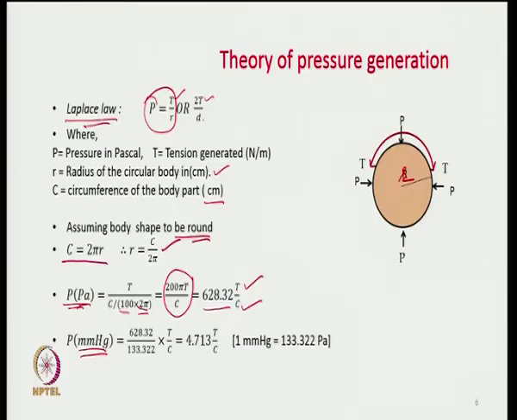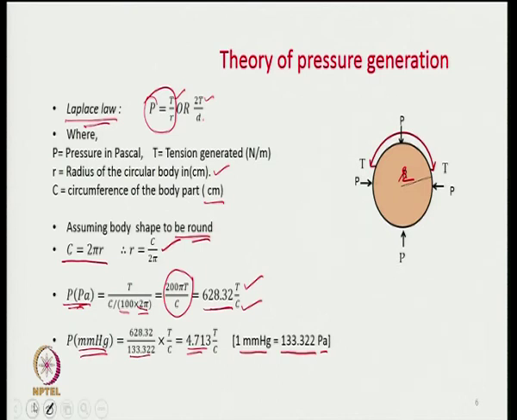So, how much is it? 1 millimeter Hg is 133.322 Pascal, and therefore, if this is in Pascal, we divide it by 133.322, that gives you a figure 4.713 T by C. So, if I want to express the pressure in terms of millimeter Hg, then it becomes 4.713 T by C. Roughly we can say 4.7 into T by C, where T is in Newton per meter and C is in centimeter.